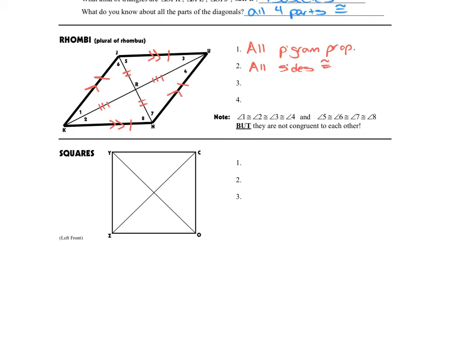But the additional property that I get related to the diagonals for a rhombus is that the diagonals are actually perpendicular. So go ahead, check it out. Take a corner of a piece of paper and tuck it right here in this little angle and show it's a right angle. You could measure it with your protractor as well, but we definitely can label this as a nice right angle.